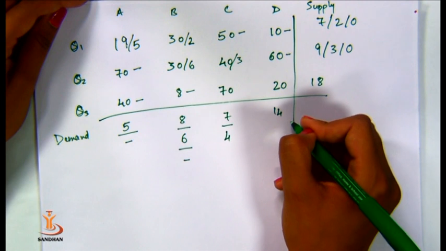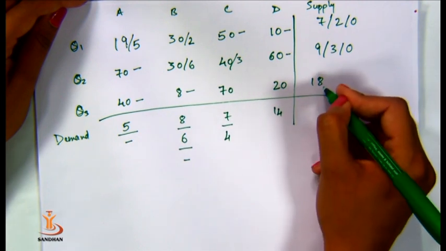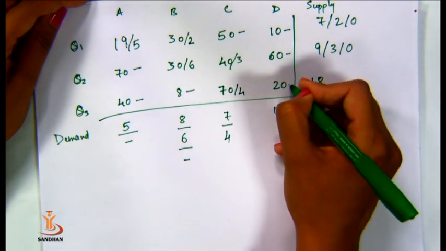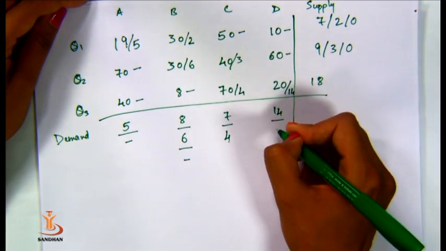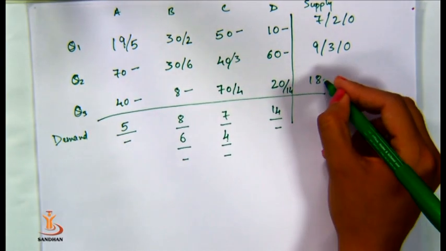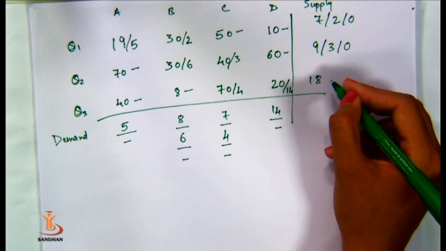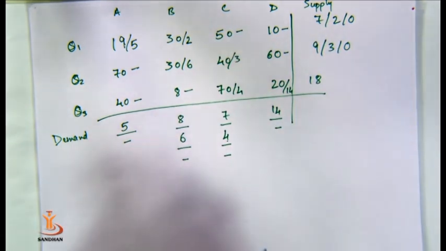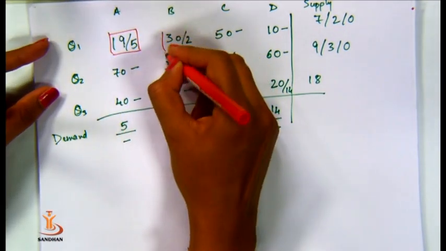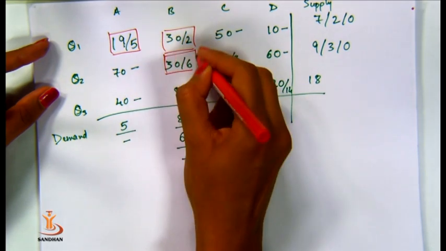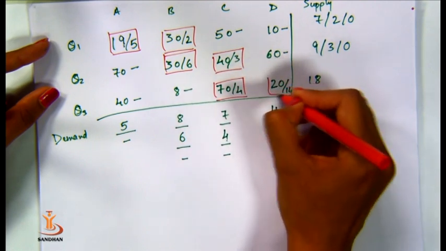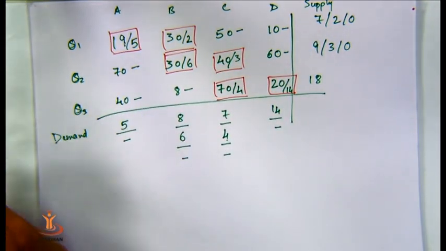And now it's very easy to understand that there are 18 units of supply and we have 4 units of demand here which we can give, and 14 units of demand here, which is total 18. So this is how we have done allocation of units according to supply and demand.